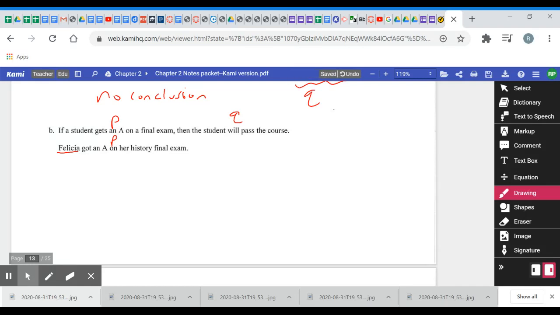So again, this one is set up like law of detachment, like I just showed over here. So I can reach that valid conclusion of Q. And I do want to use the specific example of Felicia. So I can say Felicia, and then I can just restate Q, will pass the course.